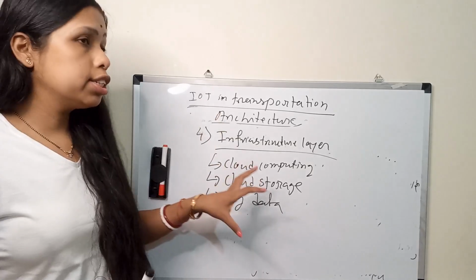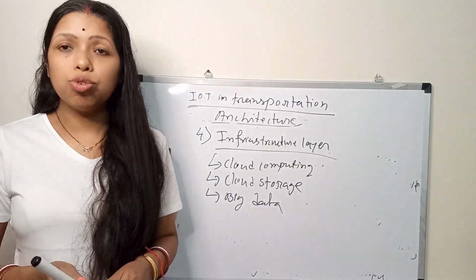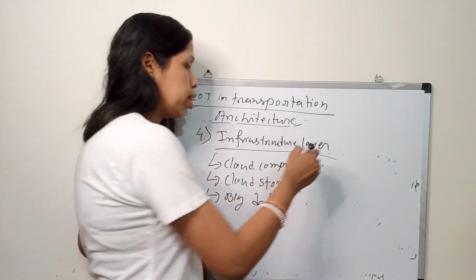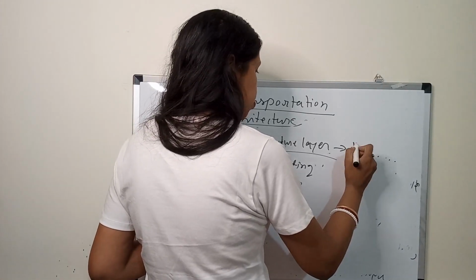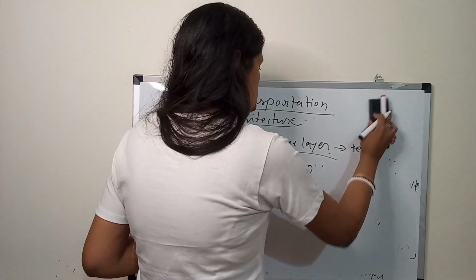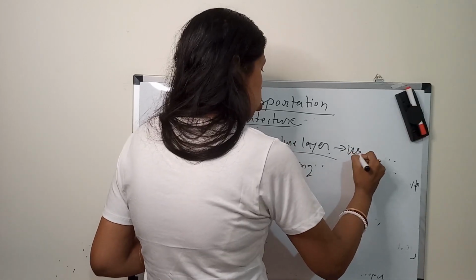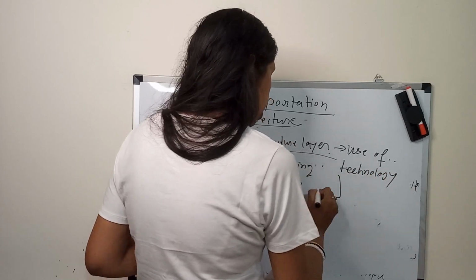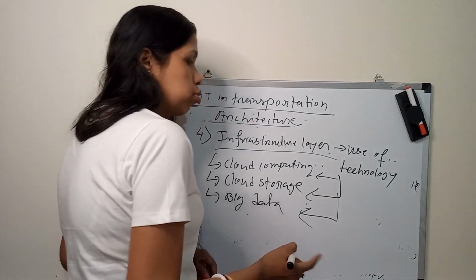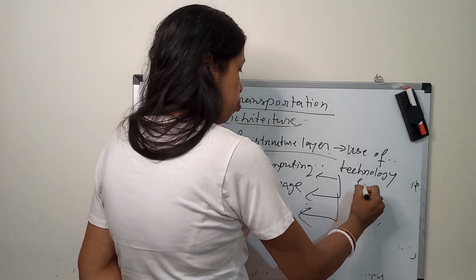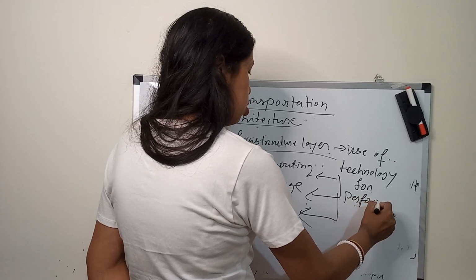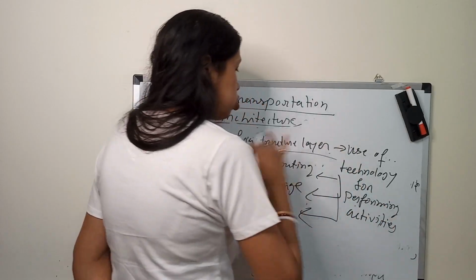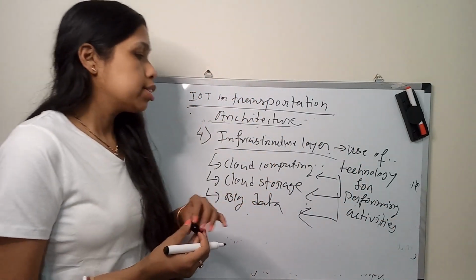That means this is the layer where we can use some technology for improvement of the requirement. These are the technologies: the use of technology for performing activities in the service layer.